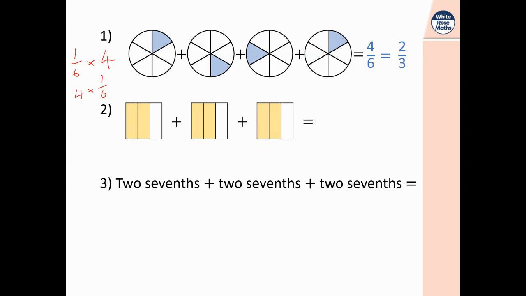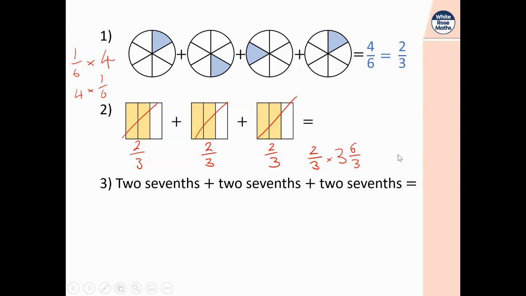For the second question, let's have a look. We've got 2/3, 2/3, and 2/3. As I've said, this is a good heads up for what's coming. This is basically the same as saying 2/3 times 1, 2, 3. So we're timesing by 3. Well, if we take the numerator first, 2 times 3 is 6, but we're still in thirds.